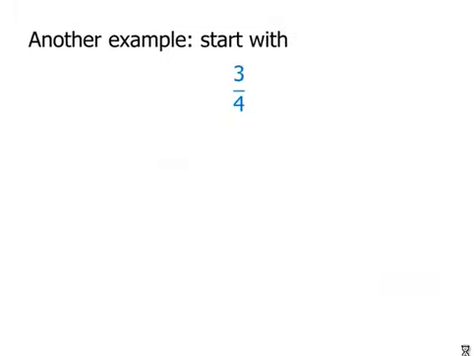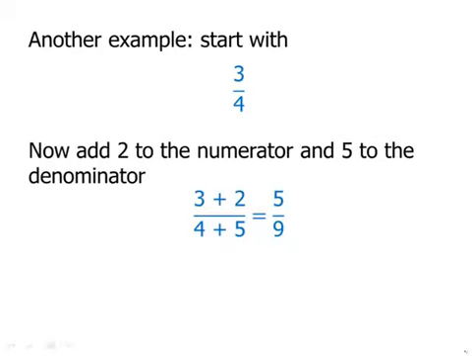Another example. Start with 3/4. 3/4 is definitely larger than 2/5 because we've made the numerator bigger and the denominator smaller. So this is larger than 2/5. We're going to add 2 to the numerator, 5 to the denominator, get 5/9. Have we gotten bigger or smaller?